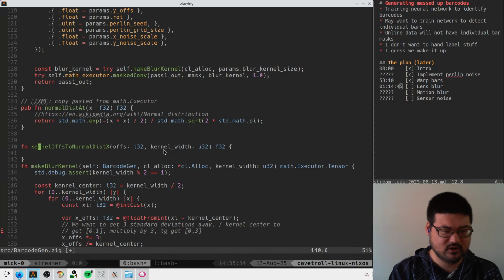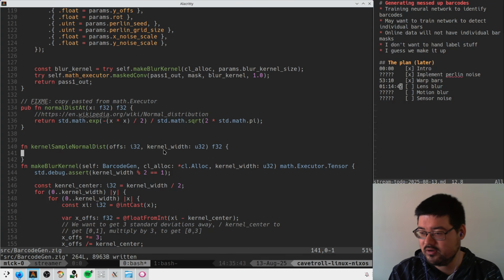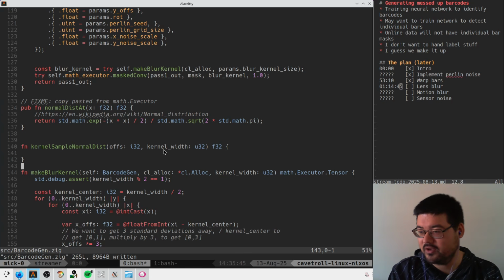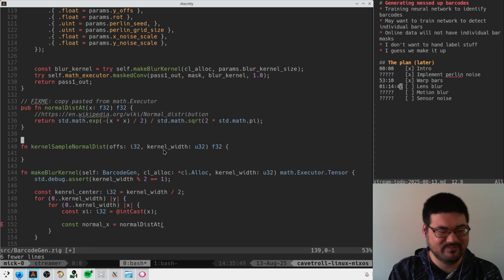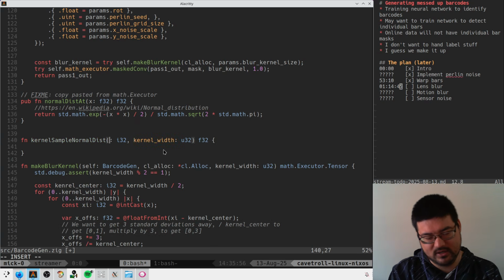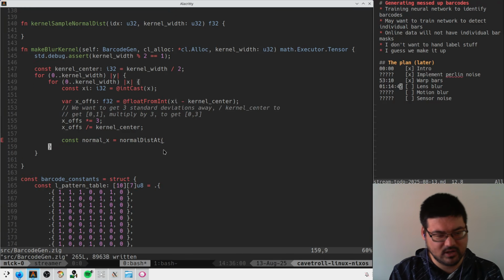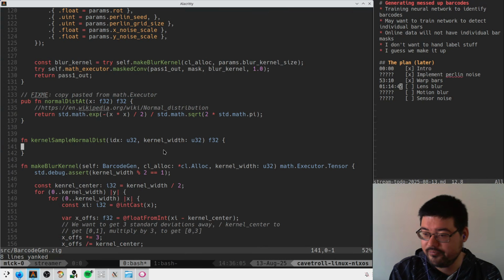Or maybe we even just say kernel sample normal dist. So maybe here it's not even offs, we take index. Yeah, and so then we convert to an integer. We do all this here.